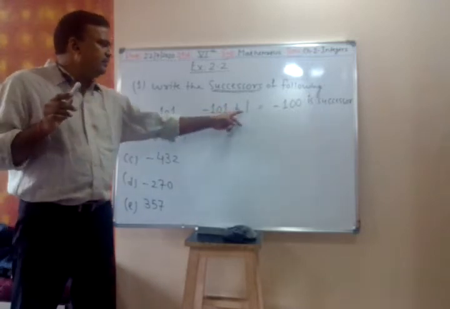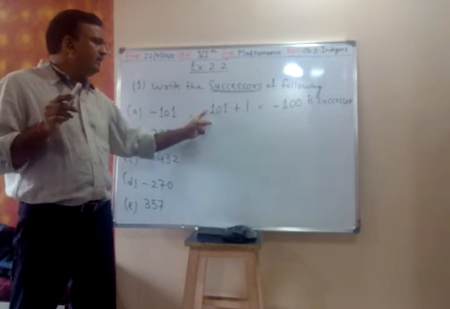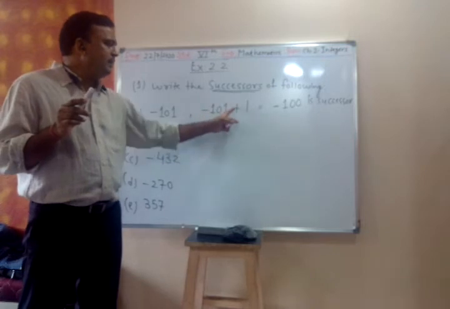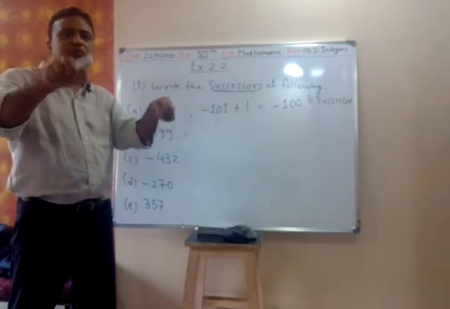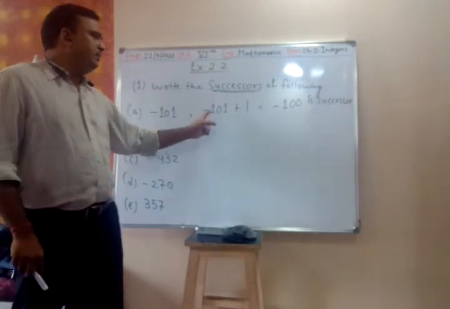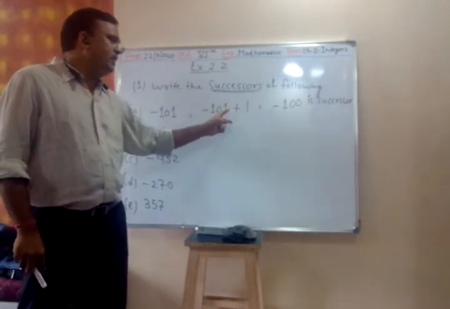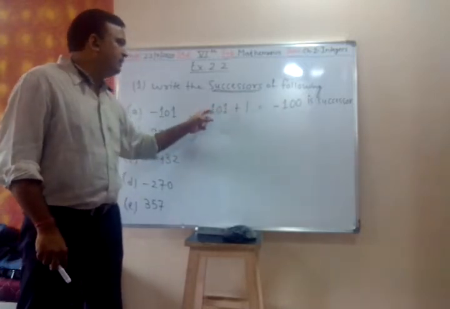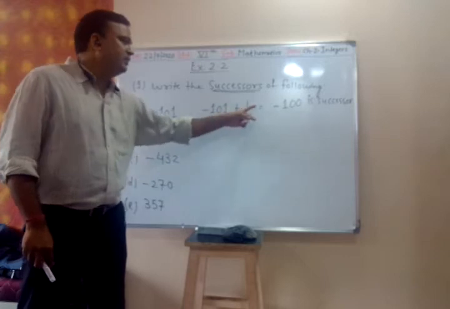I will add 1. 101 has minus sign, 1 has plus sign. They have opposite sign, so we have to subtract smaller number from bigger number. Bigger number is 101, smaller number is 1. 101 minus 1 is 100. And take the sign of bigger number. Bigger number has minus sign. So it is minus 100.